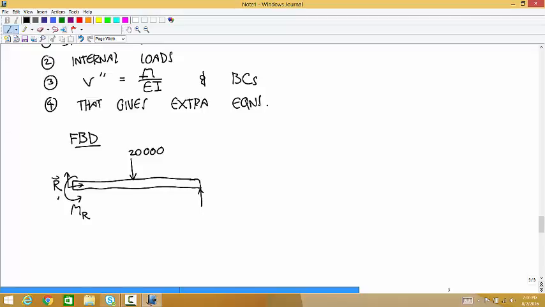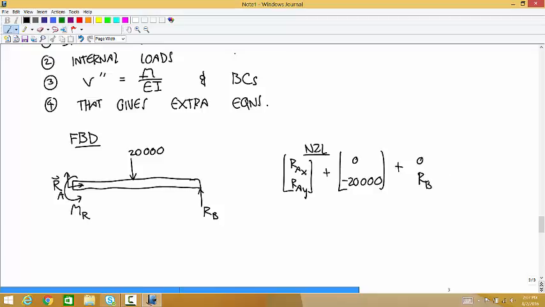I'll call this one RA at the left and RB at the right. Newton's second law says RAX, RAY plus 0, negative 20,000, plus 0 RB is equal to 0.